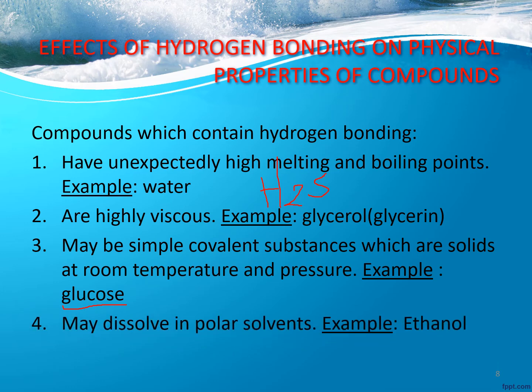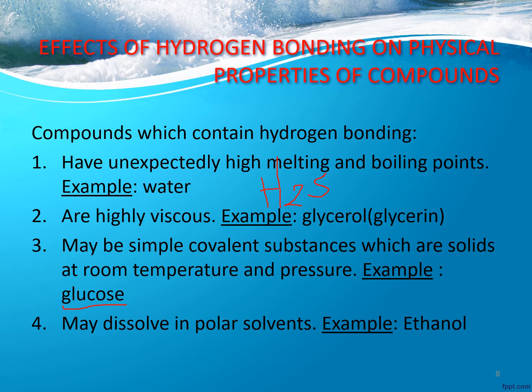These substances containing hydrogen bonding are somehow special in the fact that they dissolve in water. Why do they dissolve in water? Some of them, even if they are covalent substances, dissolve in polar solvents such as water, such as ethanol. Why? Because they have similar intermolecular forces.